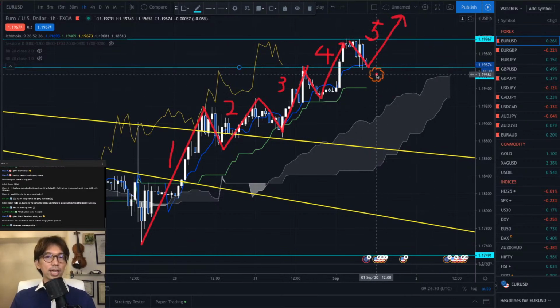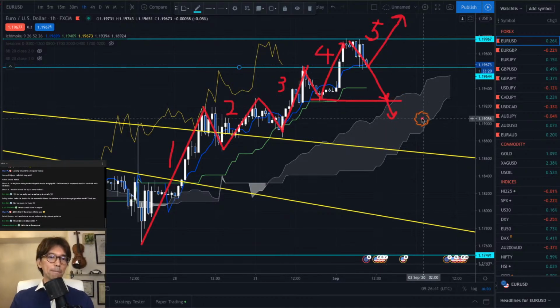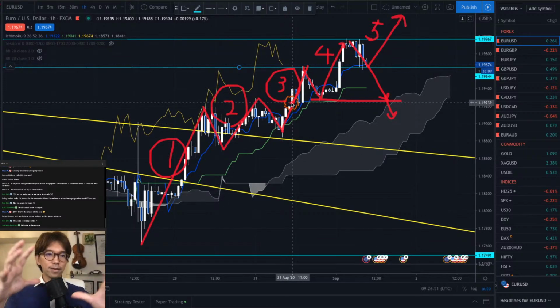But once again, this is overheated, so it might retrace backwards, and maybe it might renew the recent low downward this way. Up to 3 waves is one chunk of a big bullish trend, or 1, 2, 3 reverse N waves is a big chunk of the reverse trend.